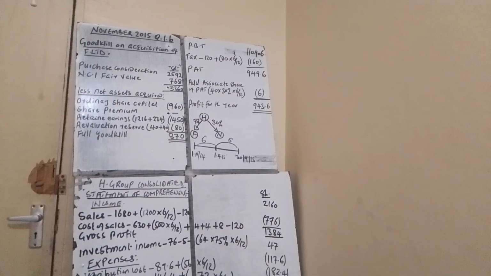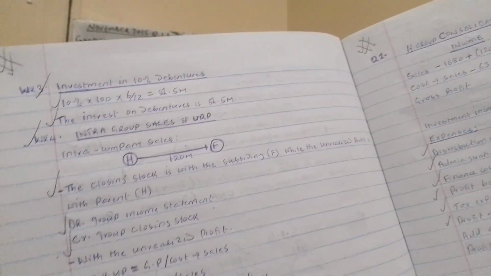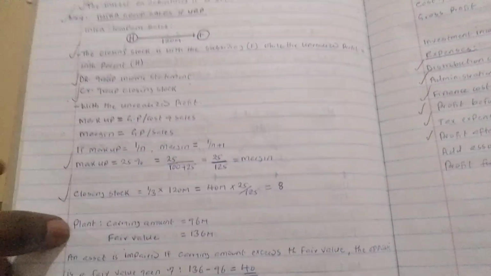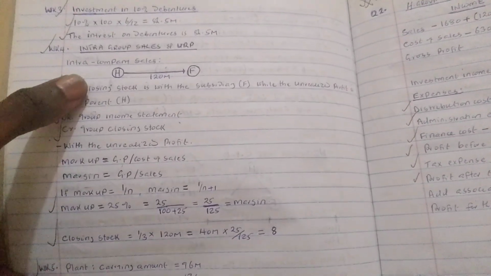So that is for working number 2, for additional information number 2, which I've shown you and I've explained. That's how you'll be going about it.